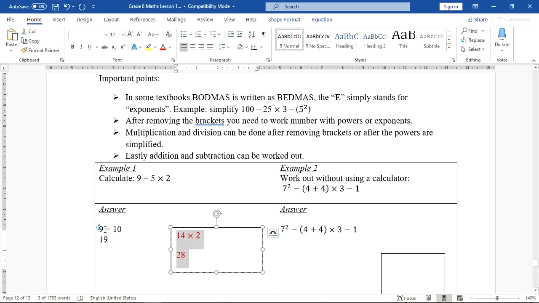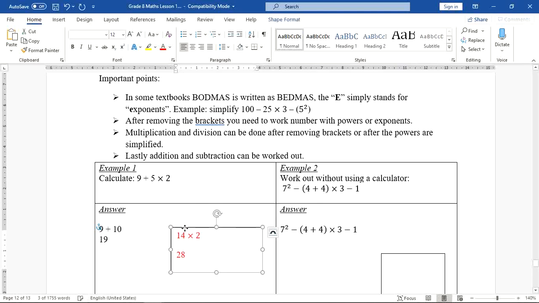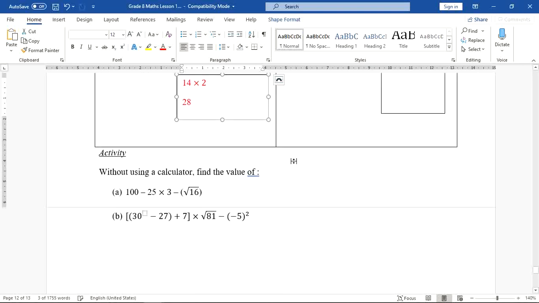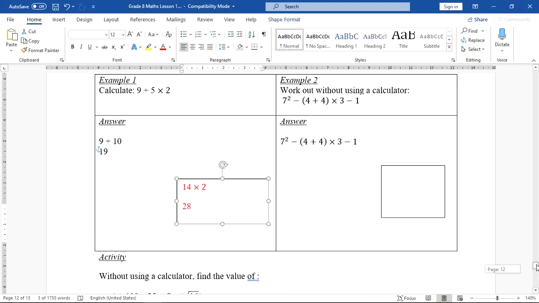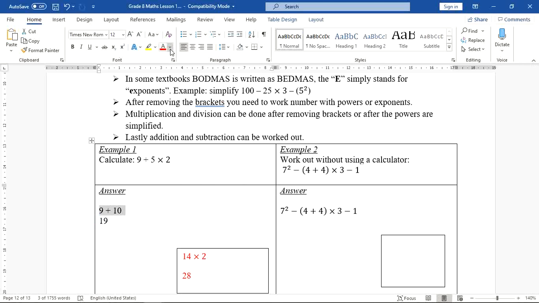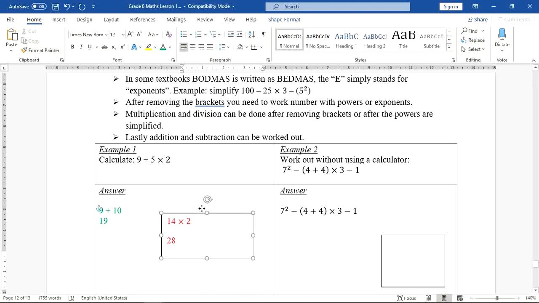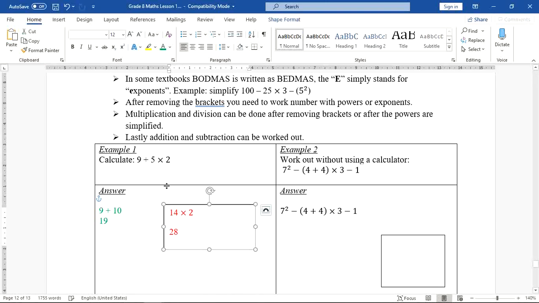So the first thing you need to do is go according to BODMAS, please. BODMAS, BODMAS, BODMAS. I'll put this in green to show that this is the correct thing: the multiplication comes before the addition. You don't do the addition first.